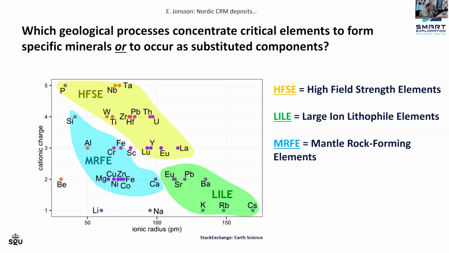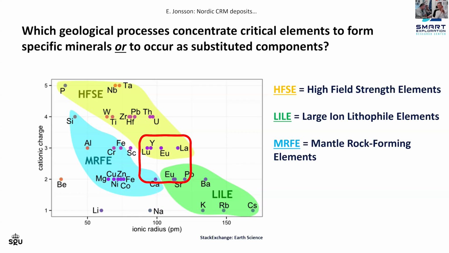If we look at this plot with the ionic radius on the x-axis and cation charge on the y-axis, we can see that, for example, a grouping of rare earth elements here straddles the lower edge of the HFSE and goes into the LILEs.